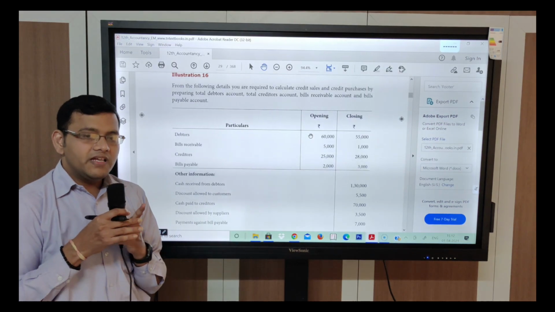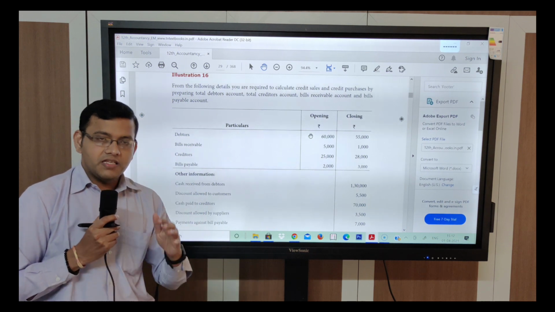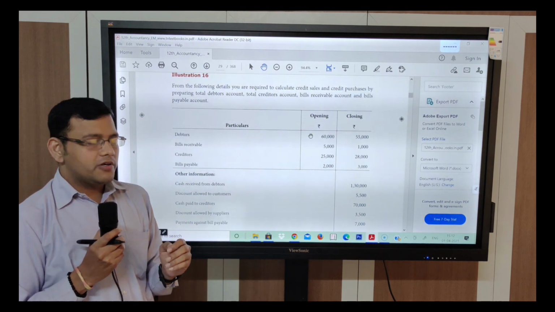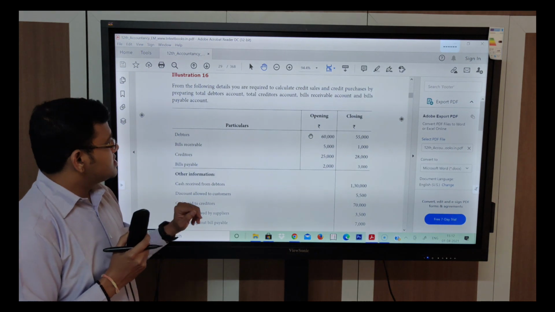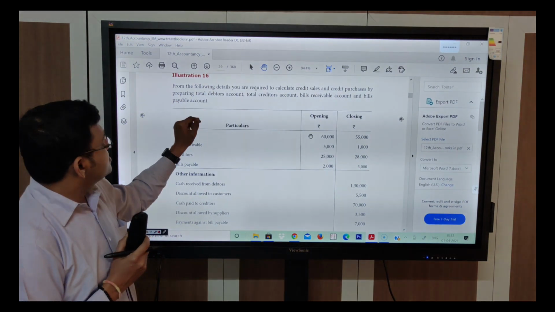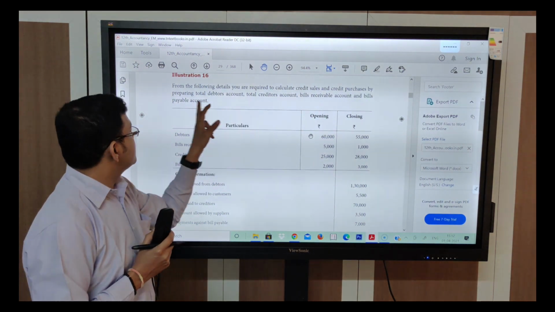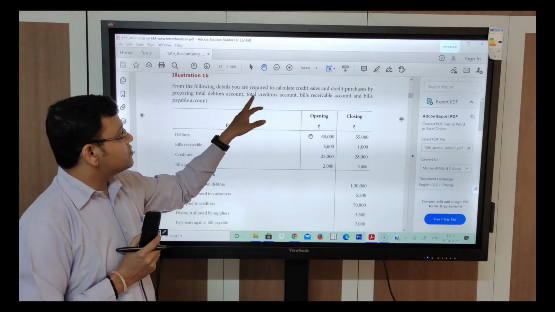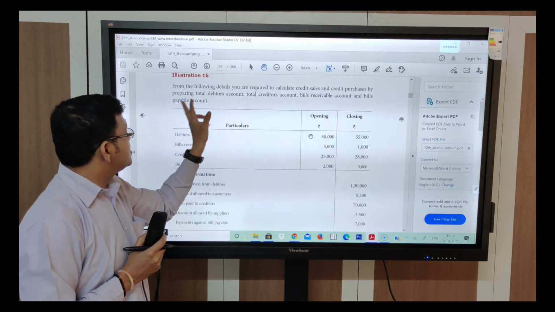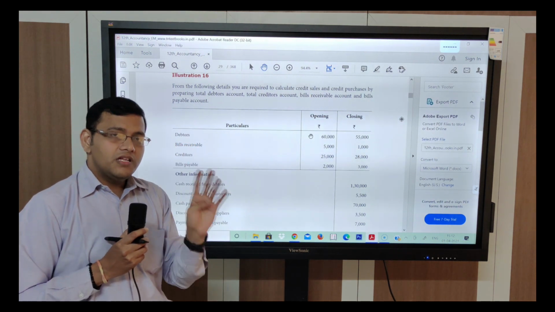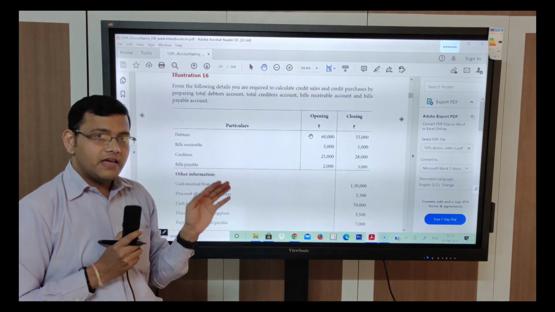So let me quickly tell you about the next 3 comprehensive problems which are very important. Illustration 16, if you go through, the question says, from the following details you are required to calculate credit sales and credit purchases by preparing the total debtors, total creditors, bills receivable and bills payable. So all the 4 ledgers you have to open, the format is there.